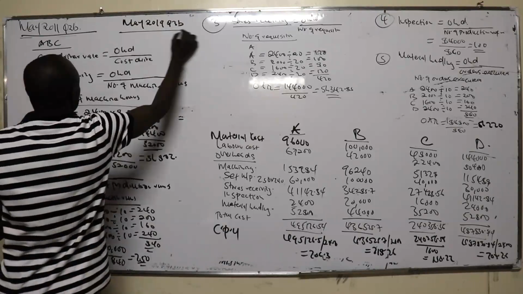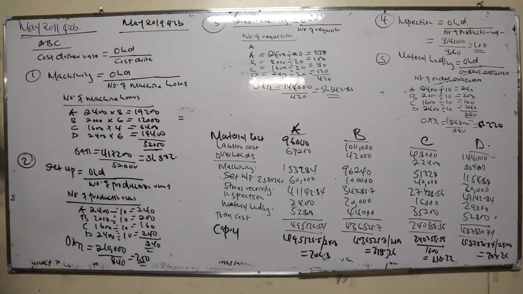In case you have difficulties and you are unable to do it, please notify me immediately so that I can direct you on how we can do it. So attempt May 2019 question number 3B if you find time, and many others. That one will bring us to the end of the revision of that particular area of activity-based costing.